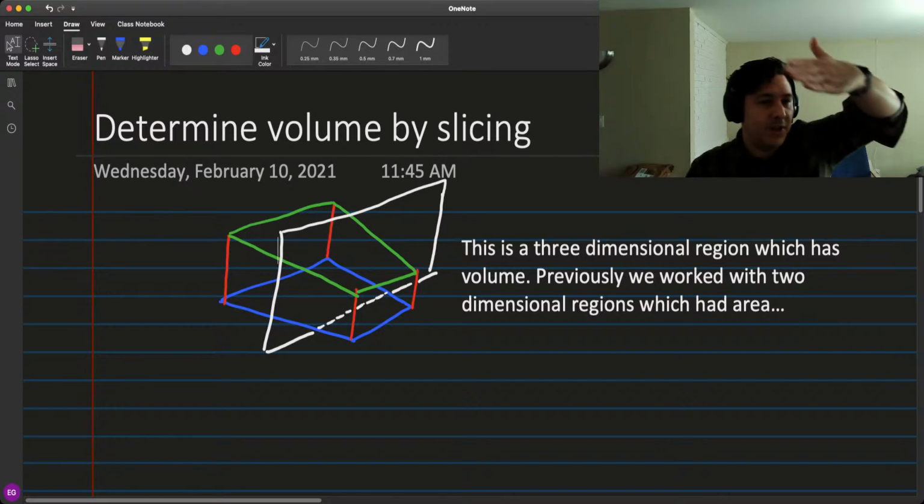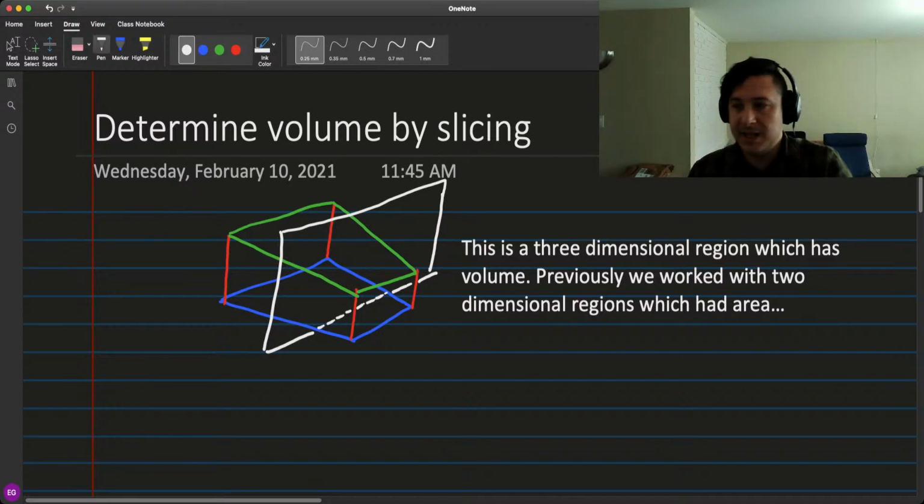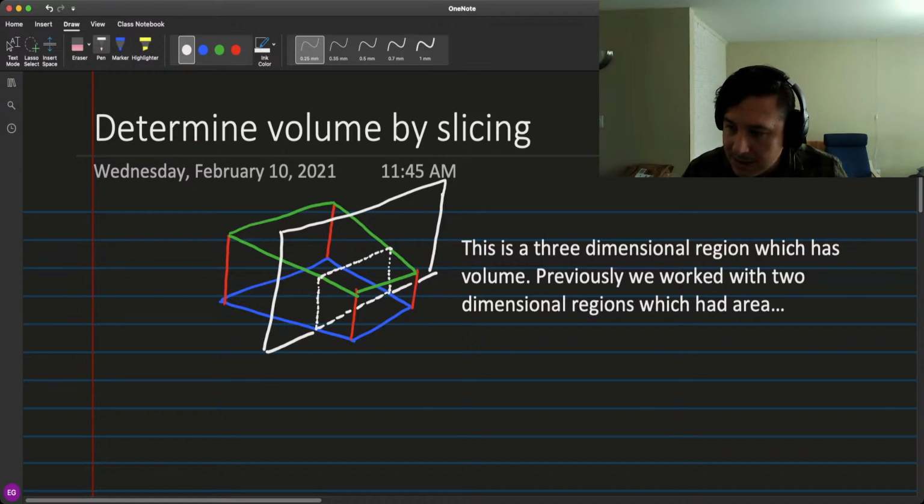Do you see how I put a sheet of paper so that it's cutting through and it would touch right here? Remember how I told you this is going to be a lot of drawing?